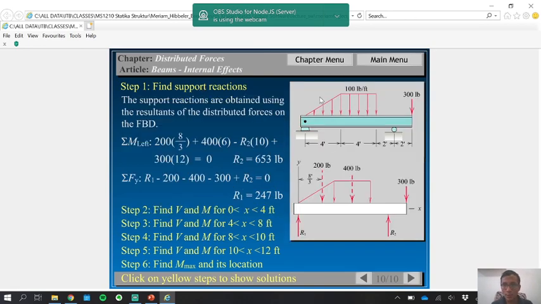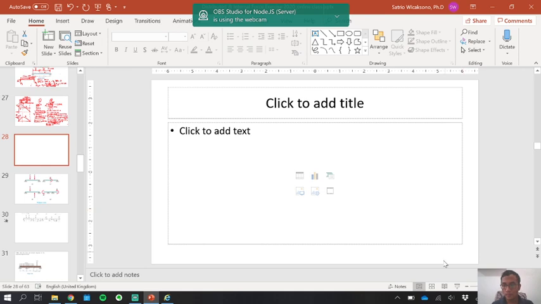Just now, we know that at the end of the 4 feet, the distributed force value will reach 100 lb per feet. Okay, so this is the first part. The distributed force will follow like this.